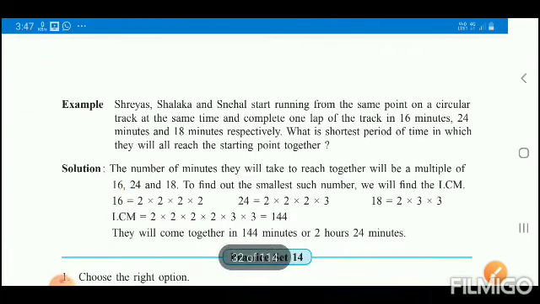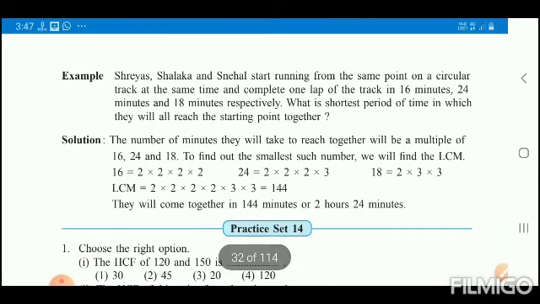Next example they have given: Shreya, Shalaka and Snail start running from the same point on a circular track at the same time and complete one lap of the track in 16 minutes, 24 minutes and 18 minutes respectively. What is the shortest period of time in which they will all reach the starting point together? Now we will see this.